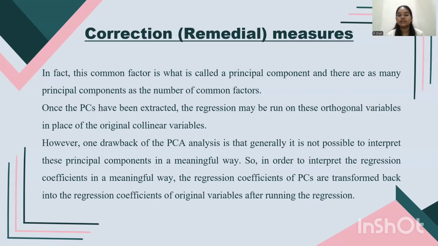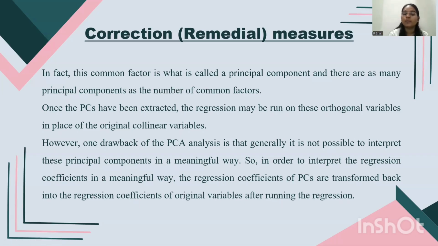Before, we take the collinear variables, we can transform them and it makes a principal component. So basically, these are artificial variables, and we can add these artificial variables in our regression model. So our regression may run on these orthogonal variables in place of the original collinear variables.